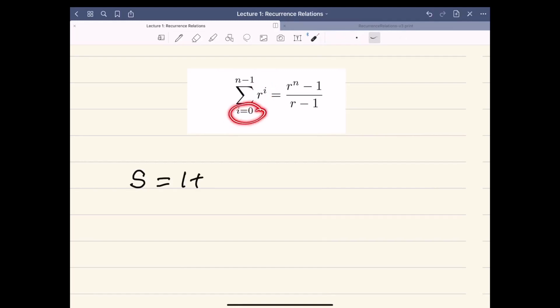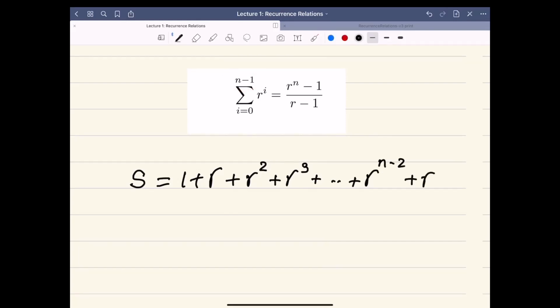Now when i is 1, r raised to power 1 is r. And then the next one will be r squared, the next one r to the power 3. And as you notice, it goes up to n minus 1. So the last ones will be r to the n minus 2, r to the n minus 1. This is the last one.